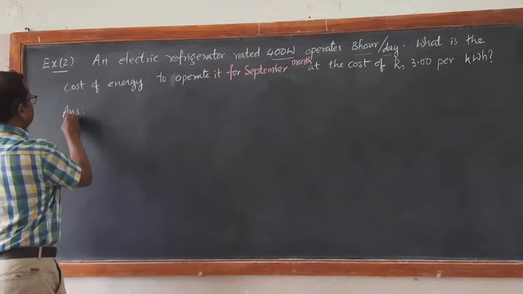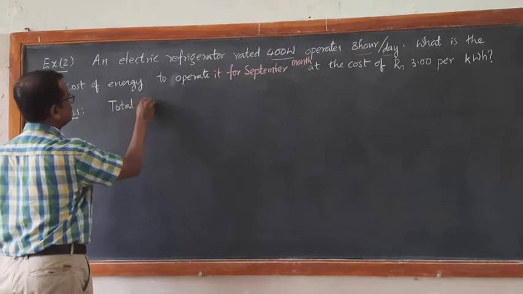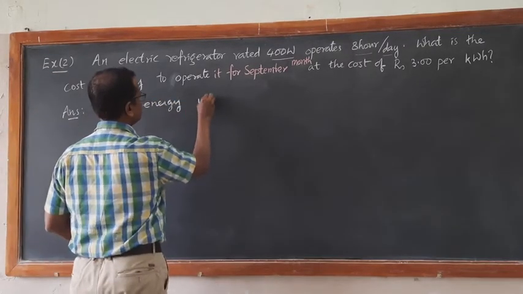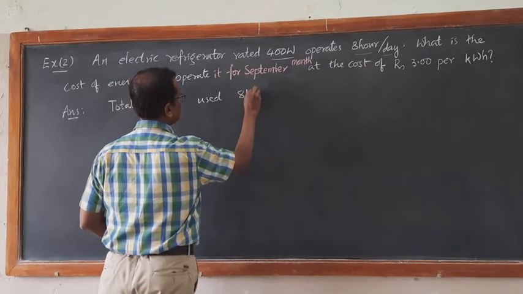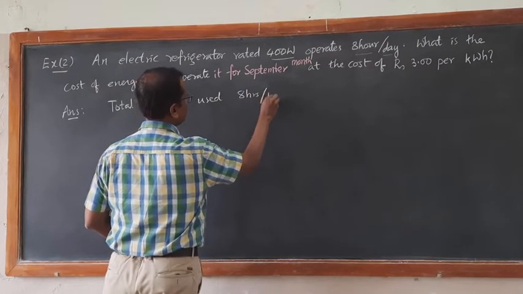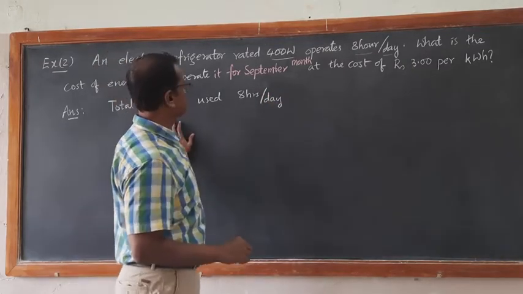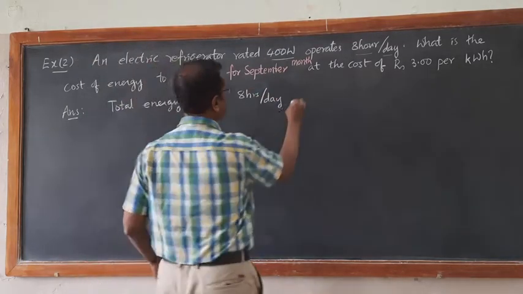Answer. Total energy: 8 hours per day. So energy is calculated as power into time. Per day I am calculating.